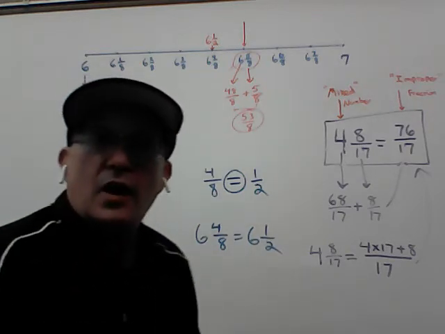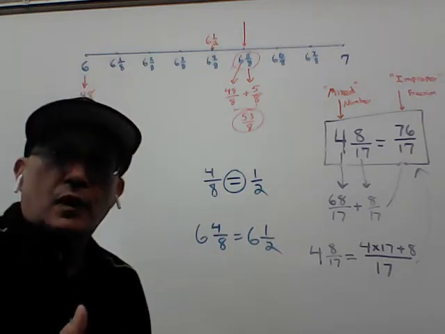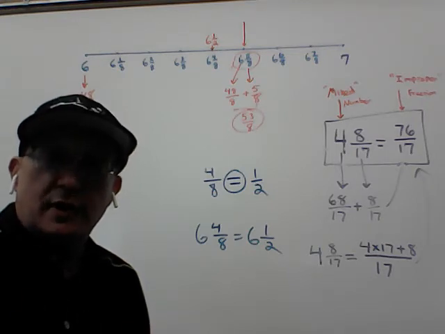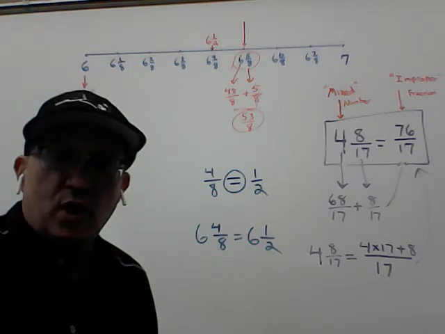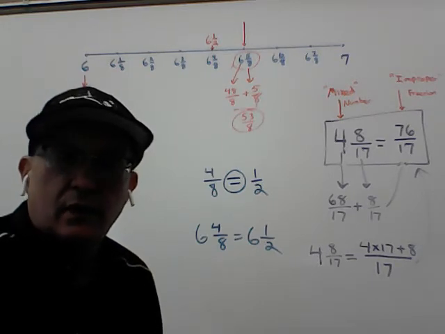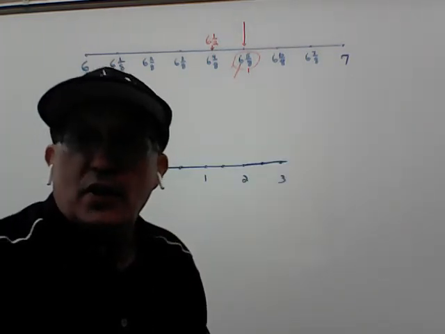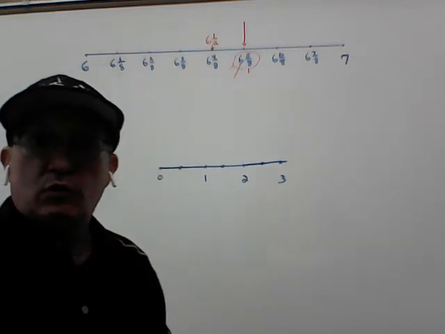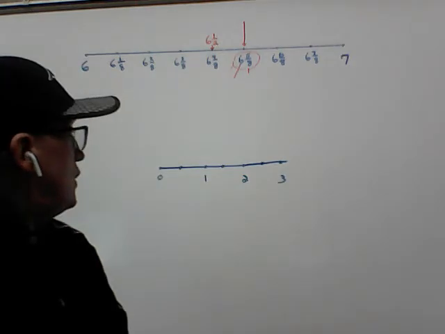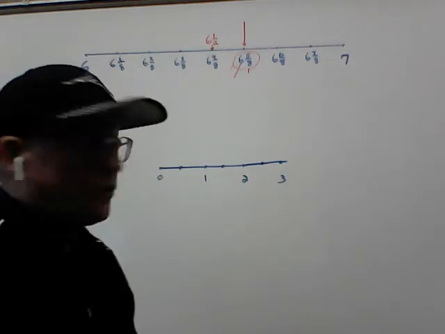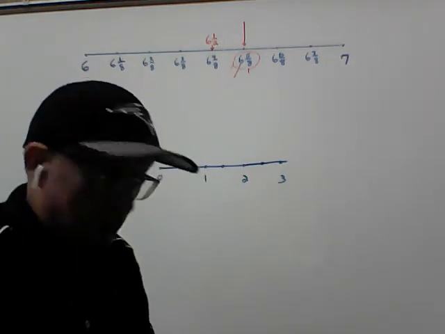Okay, other examples before we close this video, other examples of going from a mixed number to an improper fraction. I didn't bother, ladies and gentlemen, using a ruler. I just made a quick sketch here of the number line from 0 to 3, and then I made it into a halves number line.